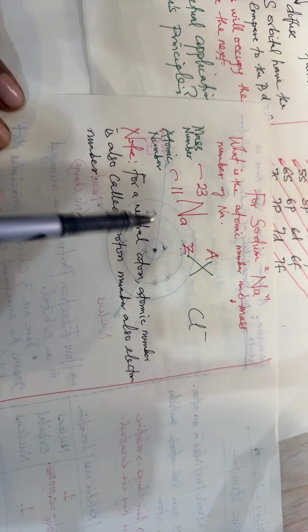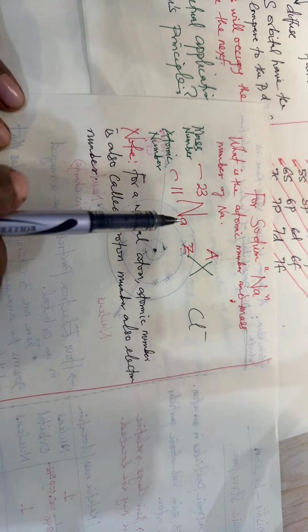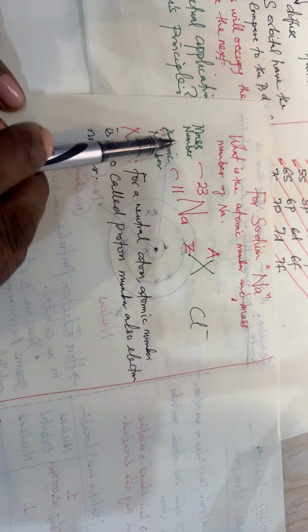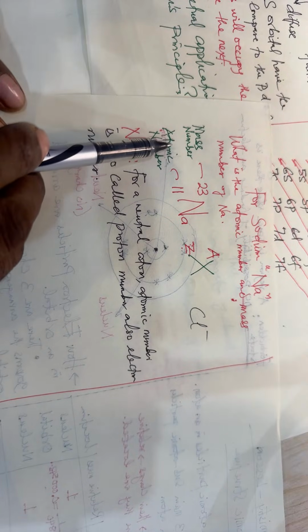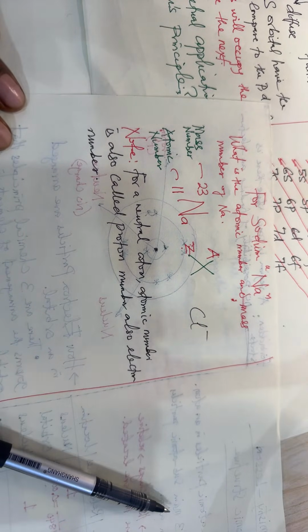Because it's a neutral atom, 11, which is the atomic number, is also the proton number, which is also the electron number. Does that make sense?